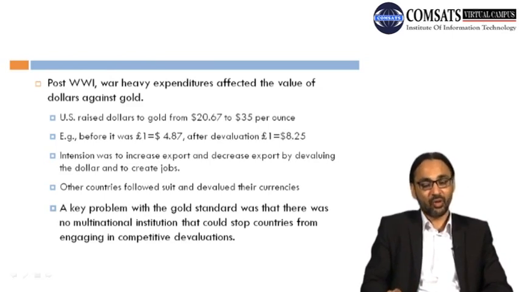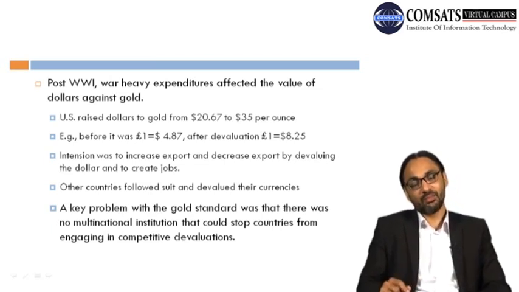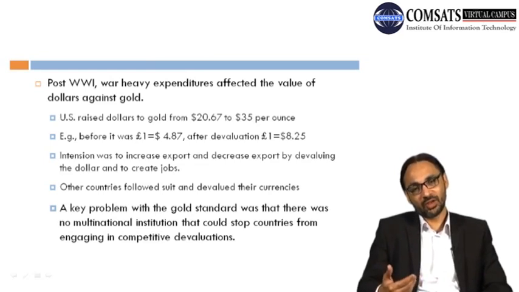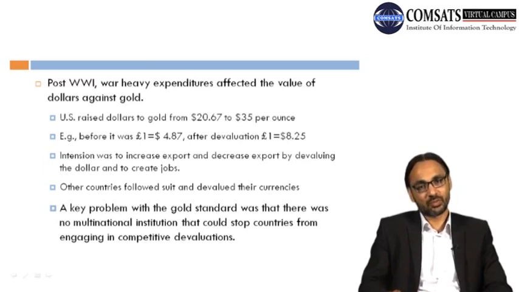The key problem with the gold standard was that there was no multinational institution that could stop countries from engaging in competitive devaluation. Because the USA devalued their currency, then all the other countries devalued as well, and at that time there were no international financial institutions which could stop them.